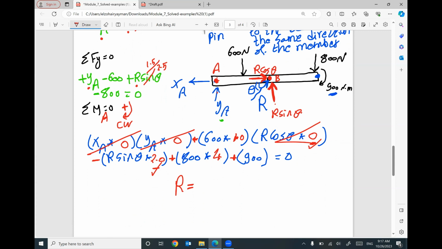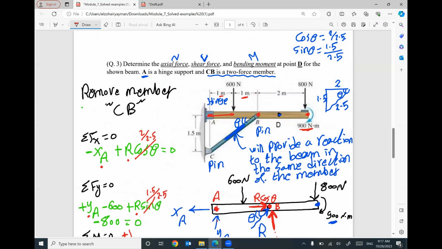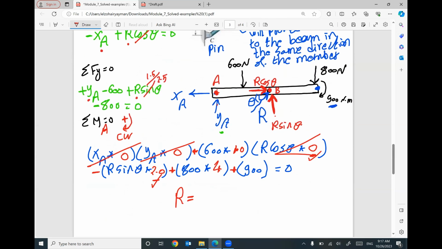So I have 600 times 1 plus 800 times 4 plus 900, divided by 2 times sine theta, which is 1.5 divided by 2.5. Wow, I got a very huge number. 3,916.67.